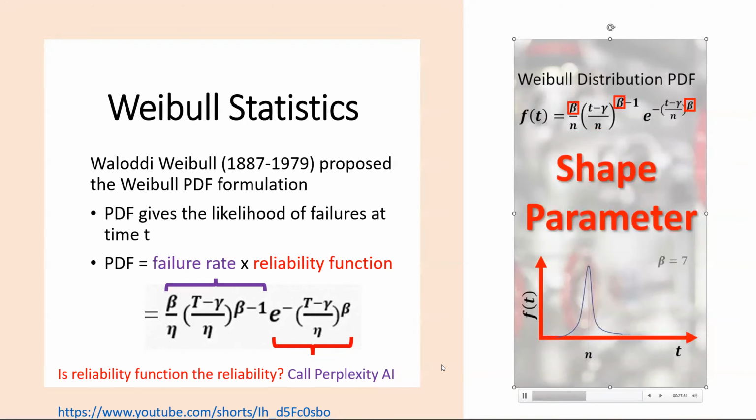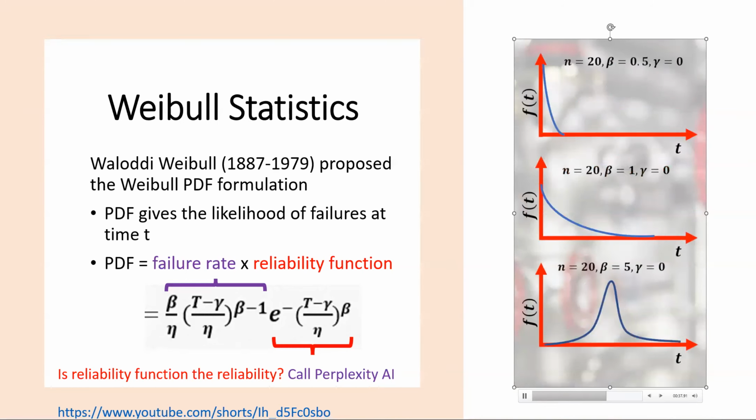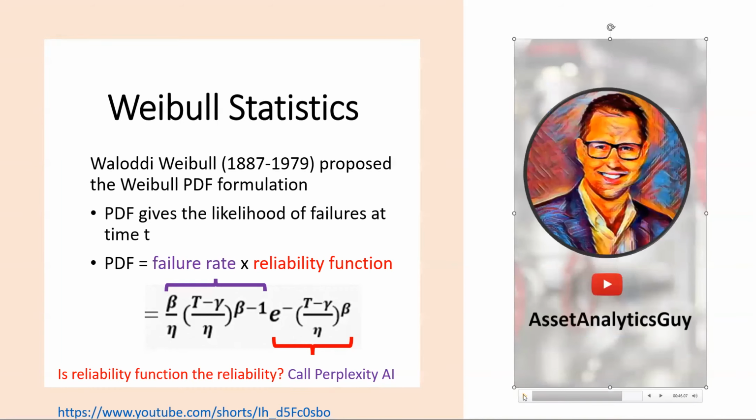Beta is the shape parameter and changes the shape or spread. And gamma is the location parameter and shifts or offsets the distribution. Using these three parameters, the Weibull function can fit infant mortality or early life failures, failures that occur randomly, and also those for wear out or end of life.